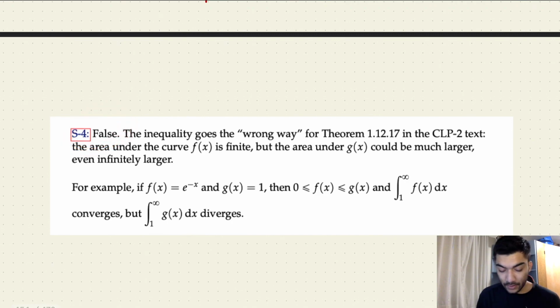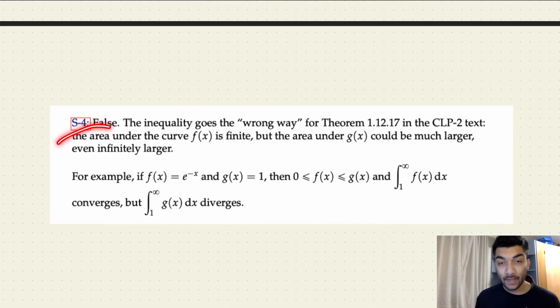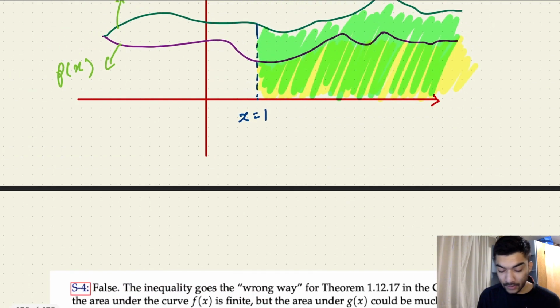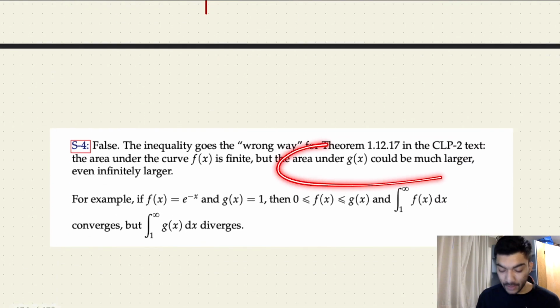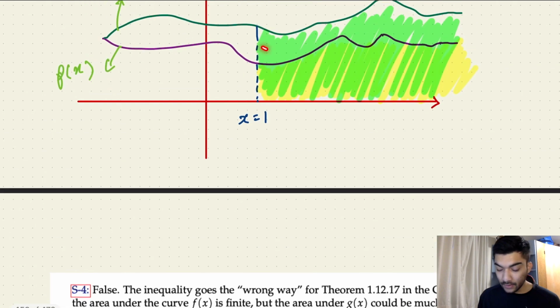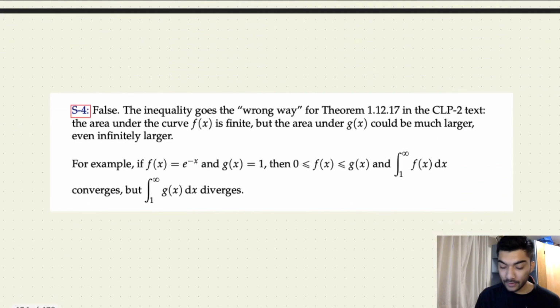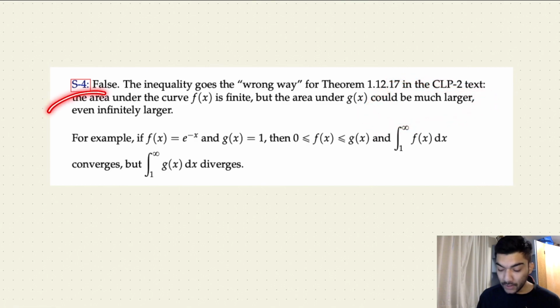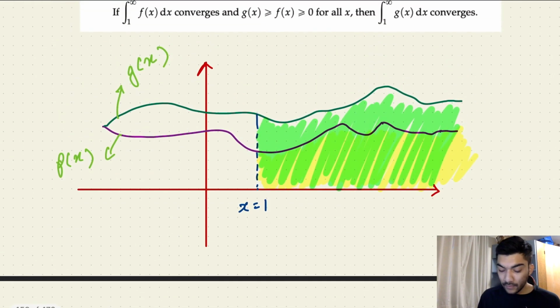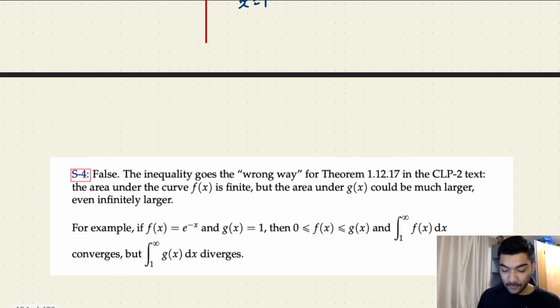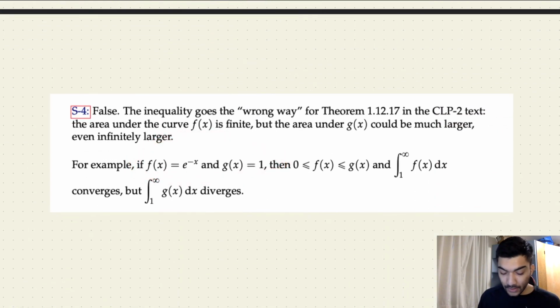First of all, we stated that the statement given in this question is false, because if the area under the curve of f of x is finite, which means it has a real solution, the area under the curve for g of x could be much larger and even infinitely larger, which will make the definite integral diverge, right? And an example which disproves the statement above is these two functions.